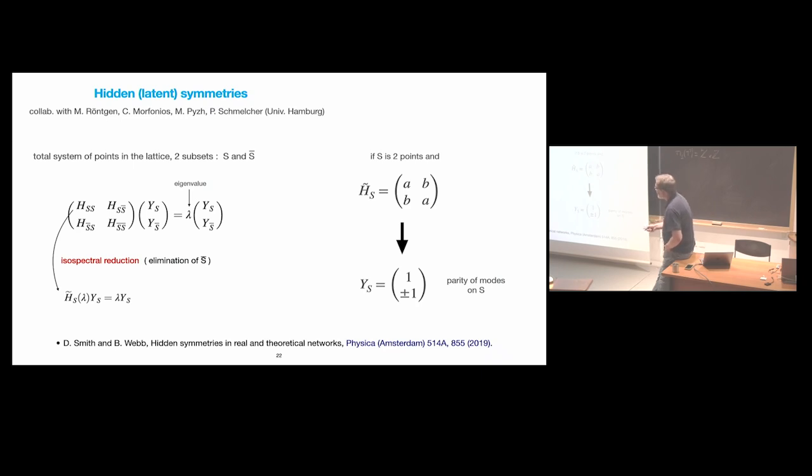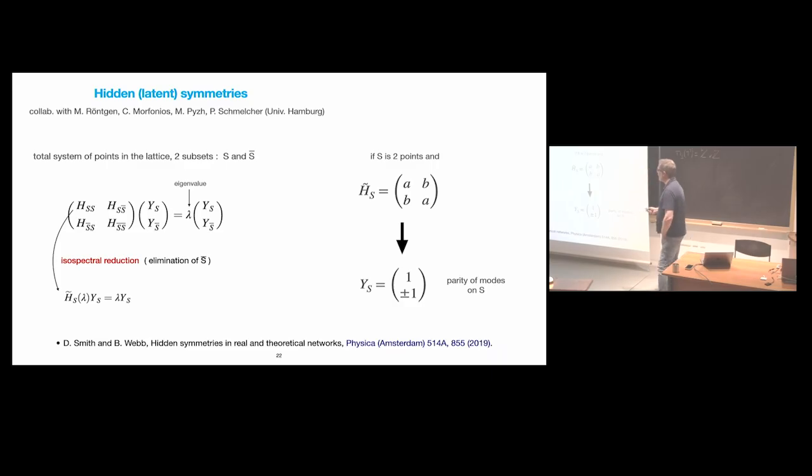Then we can eliminate the S bar problem, and put it back into the S problem. We then have a new system that is just reduced on the S subset. This is very reminiscent of an effective Hamiltonian, but it is discrete.